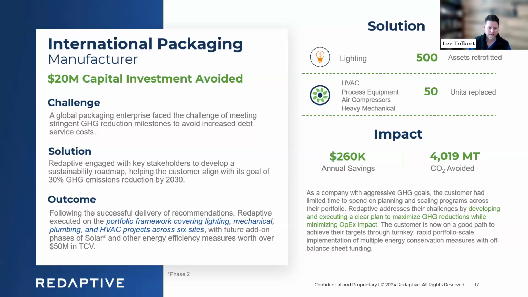They were trying to address individual projects, but didn't have the ability to get anything done across a broader scale, because of a number of different things like decentralized decision making, capital availability, planning, timelines, etc. So what we were able to do is look at their entire portfolio and deliver a mix of different types of efficiency projects across their portfolio that are going to immediately impact their bottom line and help them get all the way to their greenhouse gas reduction goals.